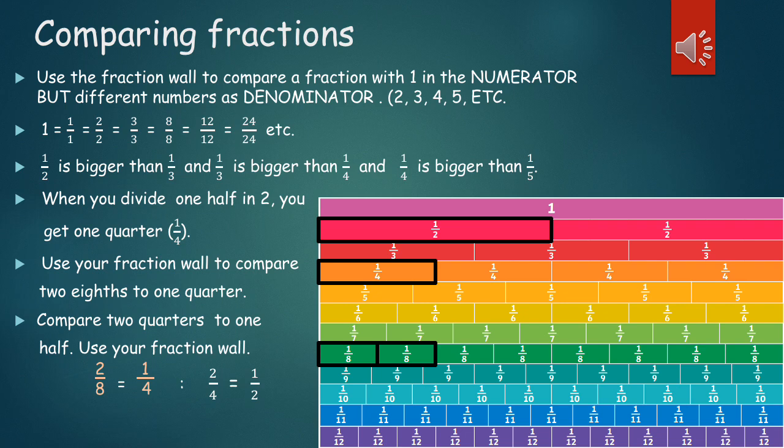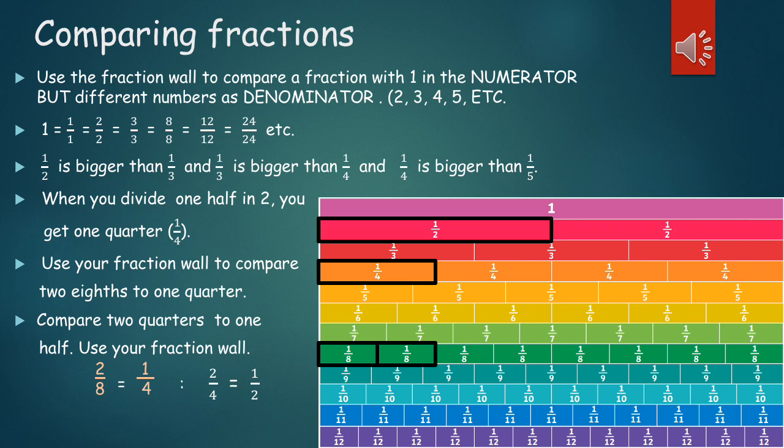For example, 2, 3, 4, 5, etc. 1/2 equals 1 over 2. 1 equals 2 over 2 equals 3 over 3 equals 8 over 8 equals 12 over 12 equals 24 over 24, etc. A half is bigger than 1/3, 1/3 is bigger than 1/4, and 1/4 is bigger than 1/5.